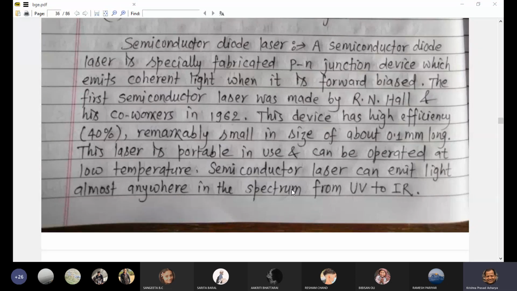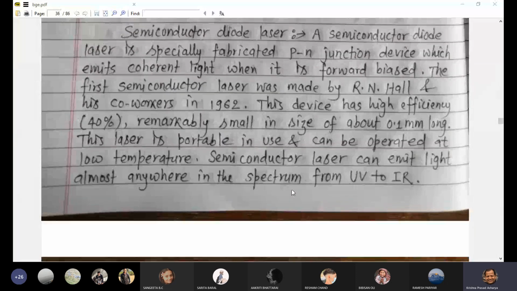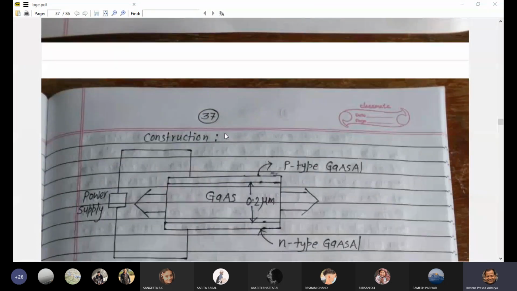And such type of laser can emit light almost anywhere in the spectrum from ultraviolet to infrared region. These are the advantages of semiconductor diode laser. And such type of laser was first made by scientist R.N. Hall and his co-workers in 1962.